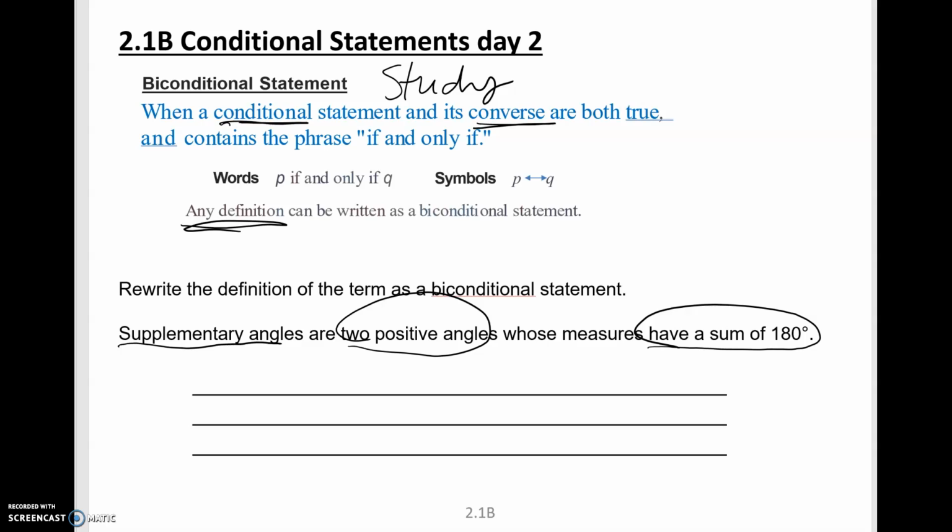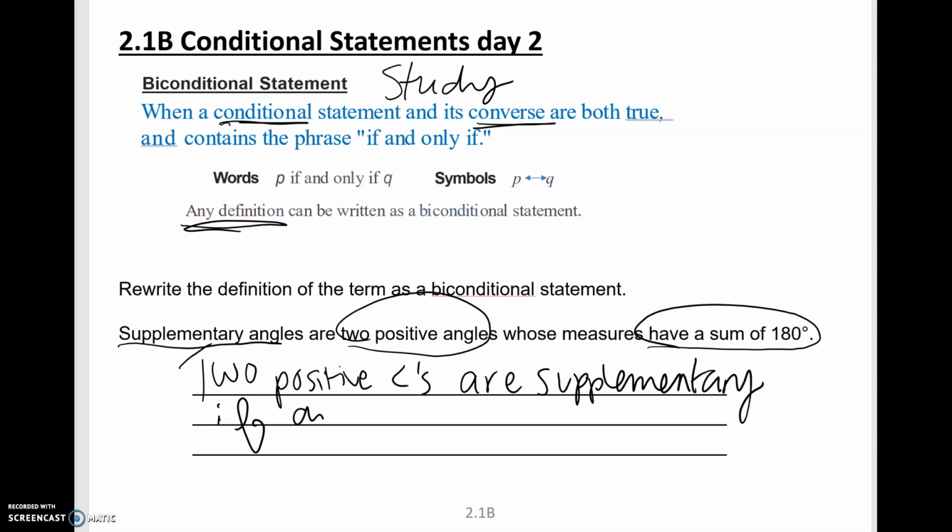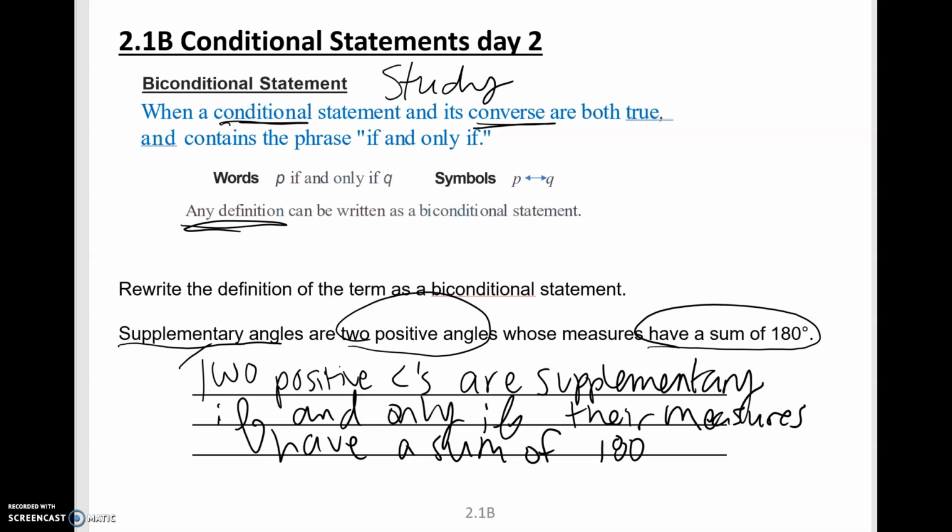So we want to say two positive angles are supplementary if and only if their measures have a sum of 180 degrees.